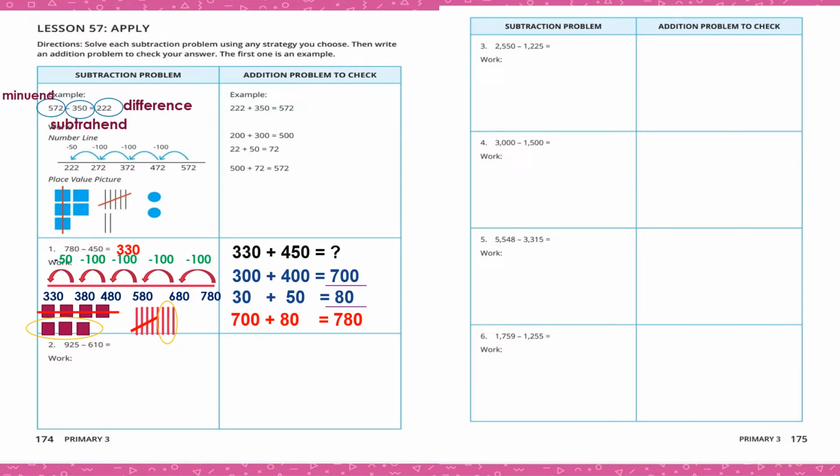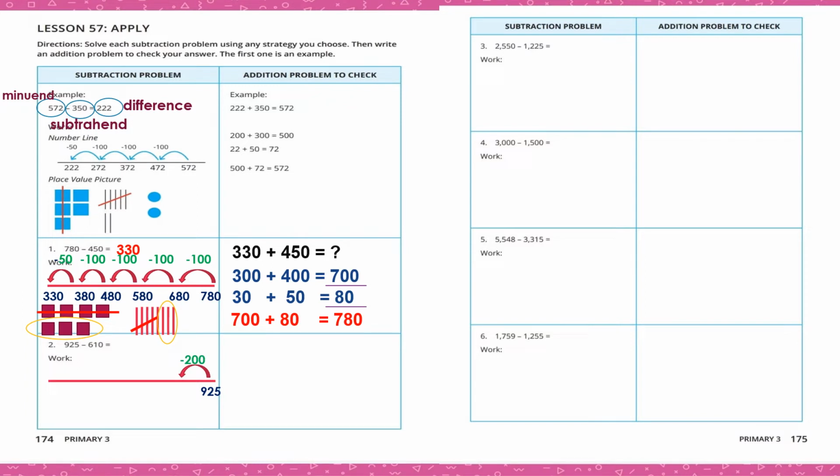Let's solve number 2 the same way. 925 minus 610. The number line: 925 and 600 here, you can split it to be 200, 200, 200.